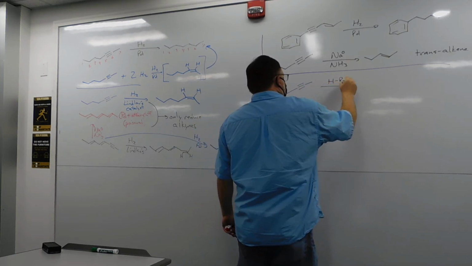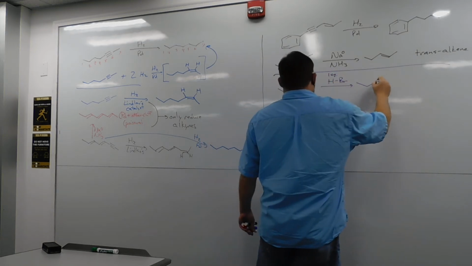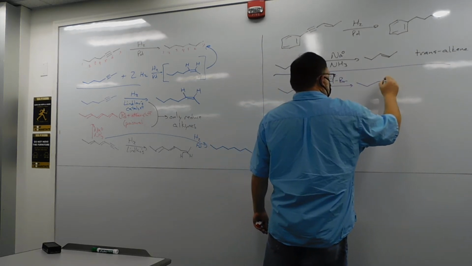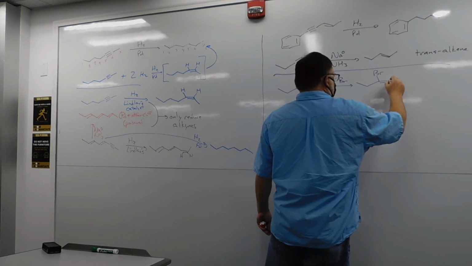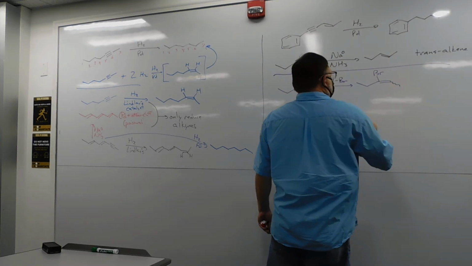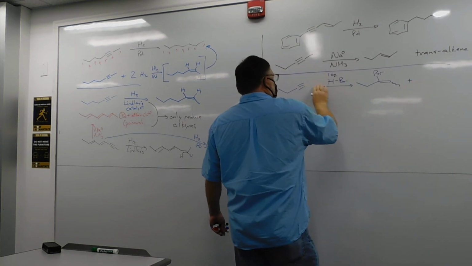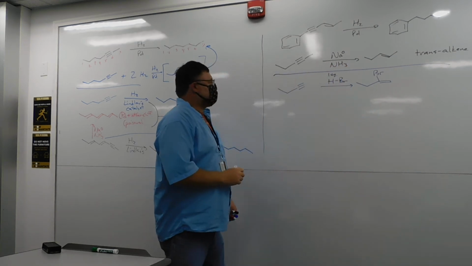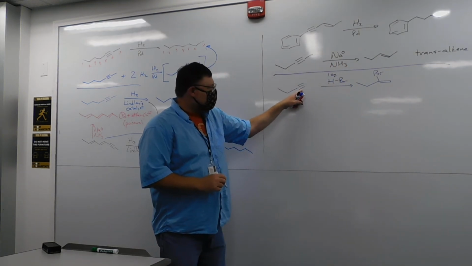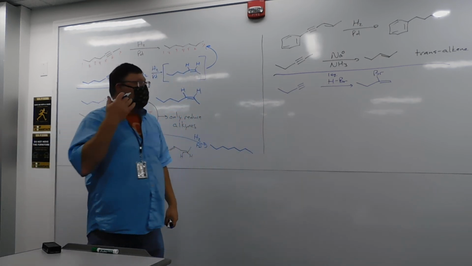Right, if we add HBr to this thing, if we had one equivalent, actually we'd get a mess here. Let's just stop like that. So if we take the alkyne and HBr, we can add one HBr.